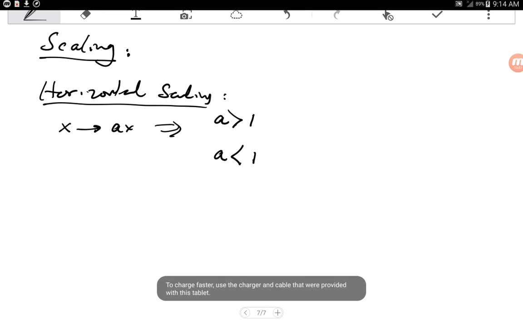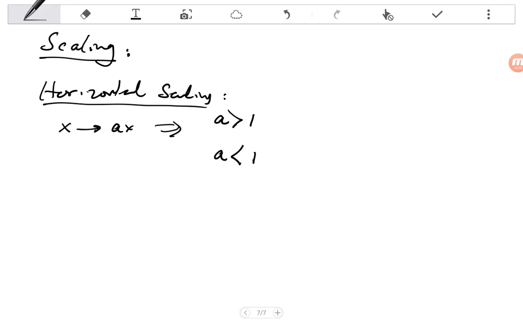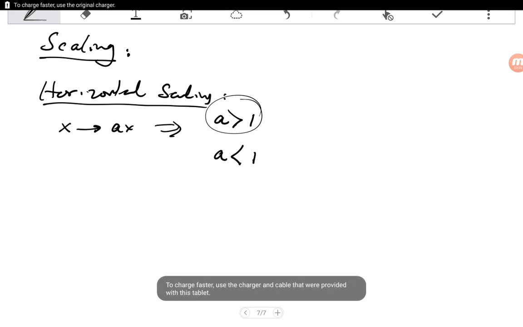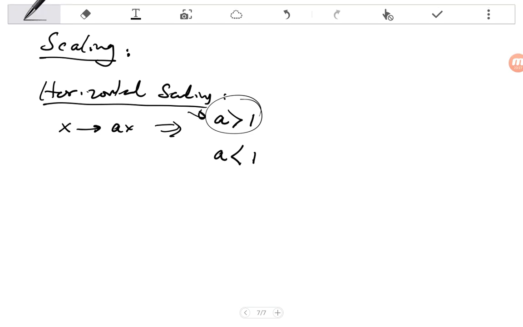For horizontal scaling, if a is greater than 1, it means that the function will be squeezed. It will be compressed. Maybe you may say a is greater than 1, that it will dilate. No, it will be compressed. It is just the opposite of that number a.